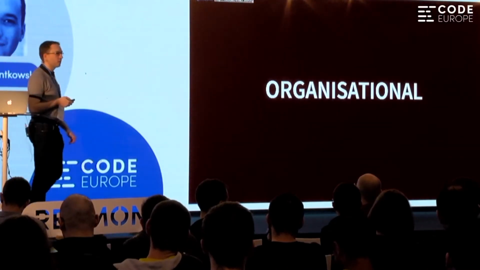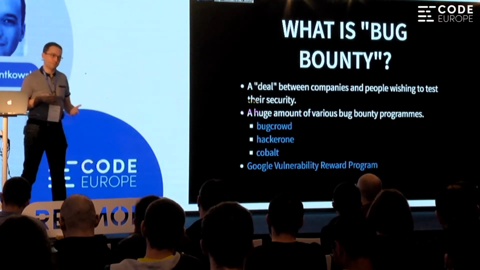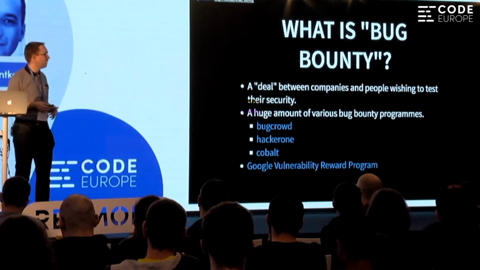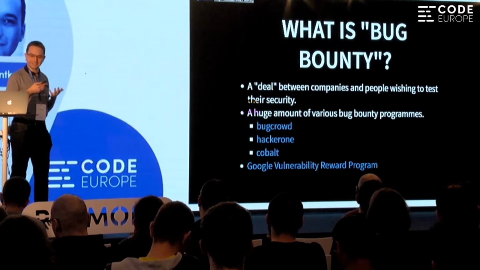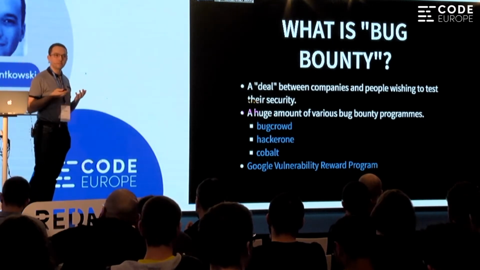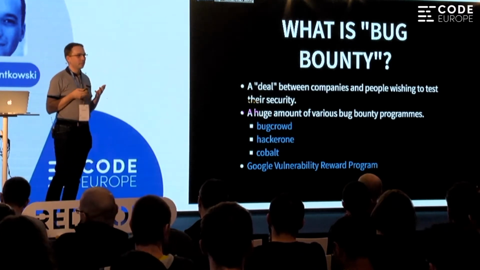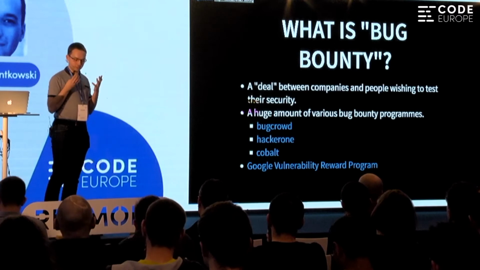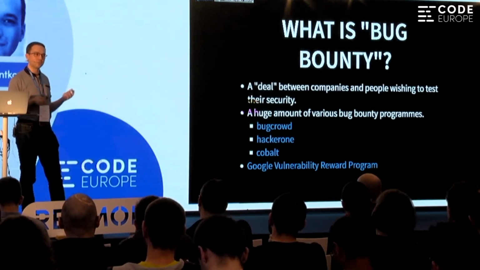OK, so let's start with the organizational stuff. What is bug bounty anyway? Because the title of the presentation says it is about bug bounty, but what is it? It is basically a deal between companies and people who wish to test their security. And the deal goes like that: you may test the security of our services.